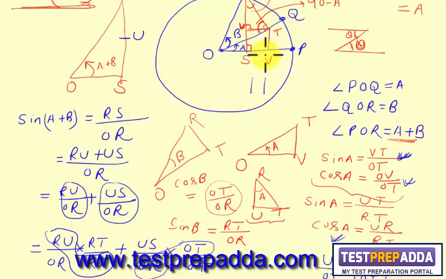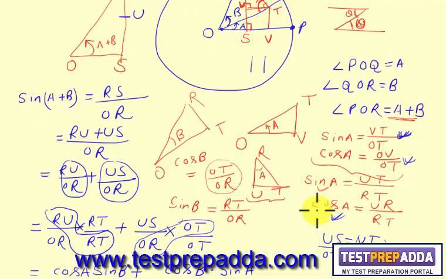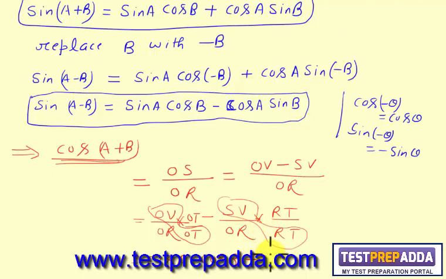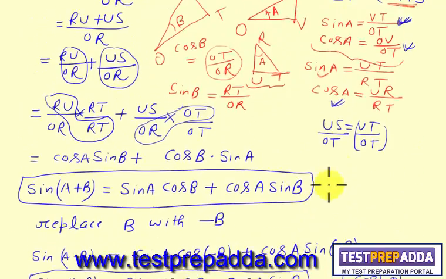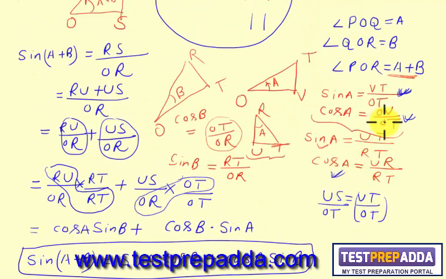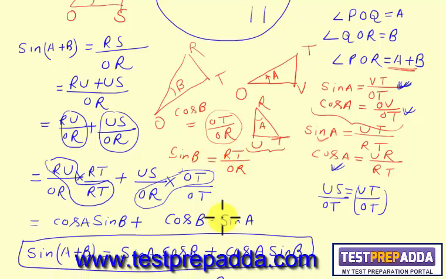So SV upon RT means UT upon RT. And UT upon RT is sin A. I will substitute there. Now check RT upon OR. RT upon OR is sin B. You can see here. So substitute there.